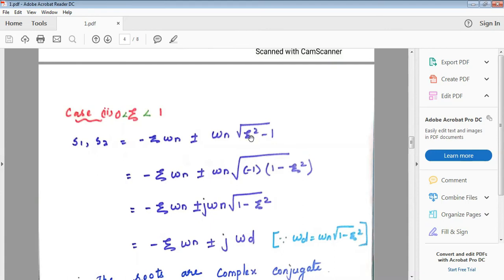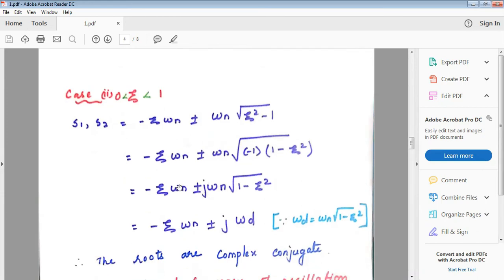So to satisfy this condition, zeta value less than 1, I am just rearranging the term by taking minus 1 outside. If you take minus 1, this term gets negative and this term turns positive. So simplifying this expression, minus zeta omega n plus or minus omega n into root of minus 1 gives j omega n into root of 1 minus zeta square.